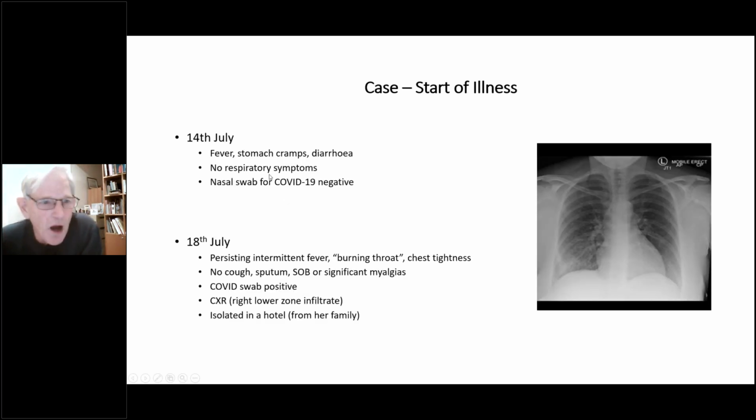And in July, she presented to ED with some non-specific GI symptoms and fever, and the nasal swab at that point was negative, but a few days later, because of persistent fever and a burning throat and chest tightness, she represented, and at that stage her COVID was positive, and she had this reasonably obvious infiltrate at the right lower lobe and maybe a little bit on the left, but it was more asymmetric than usual.